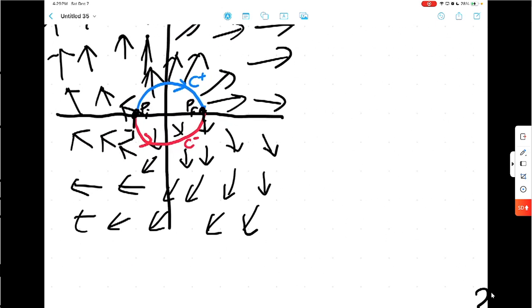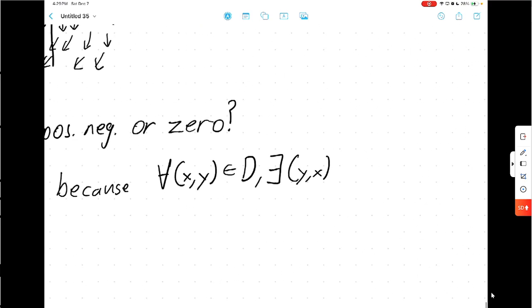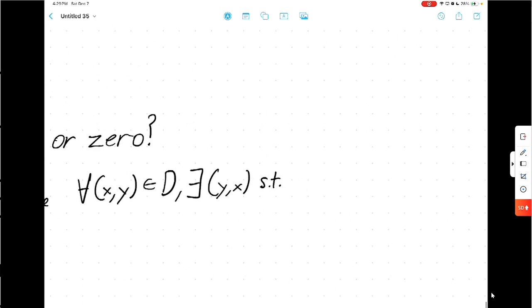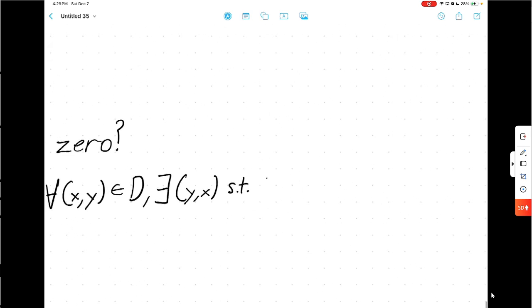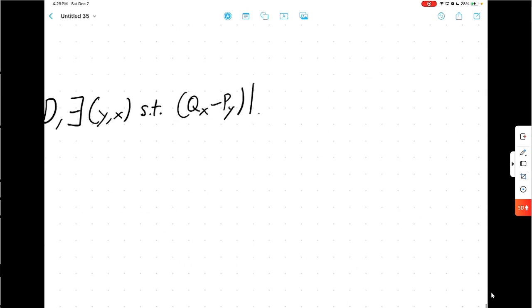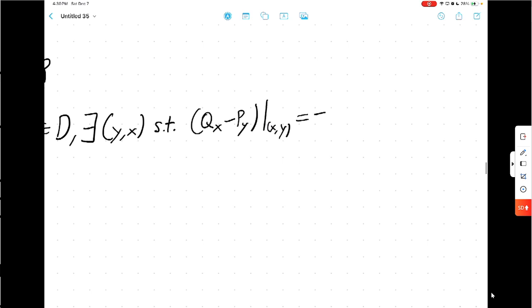Yeah, it'll reflect across that, such that q of x minus p of y evaluated at xy is equal to negative of q of x minus p of y evaluated at yx.